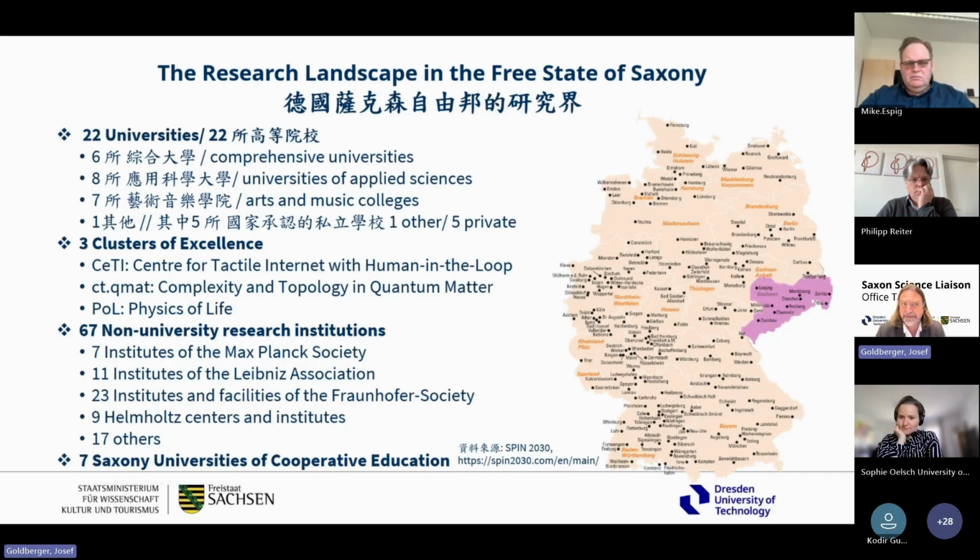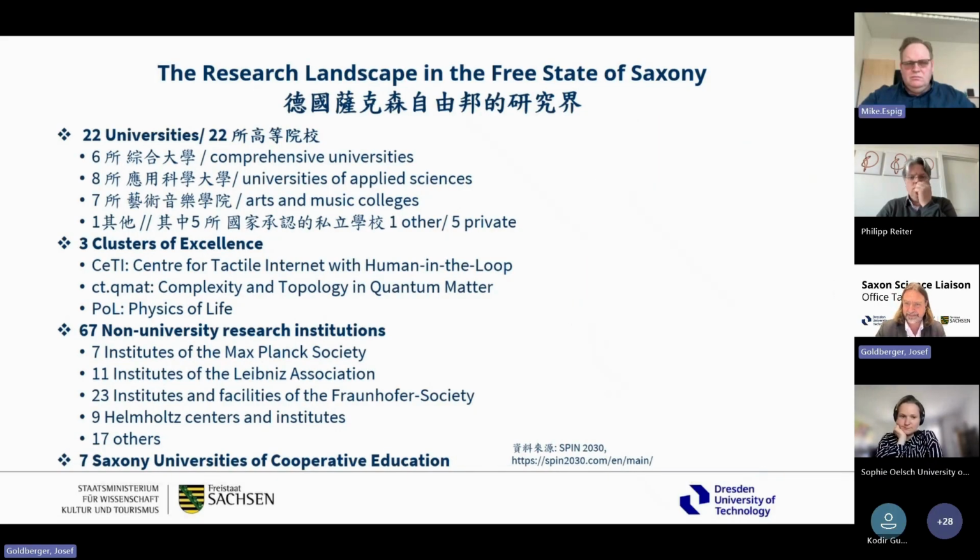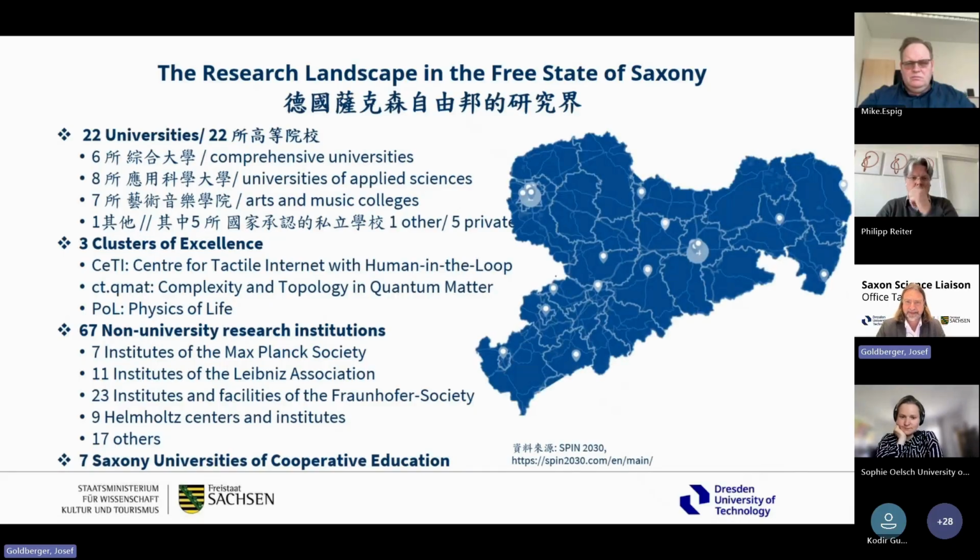In Saxony, we have 22 different universities. Some of them are comprehensive universities, others are universities of applied sciences. Basically, comprehensive universities tend to be larger, and they have a wider scale of different subjects they teach.